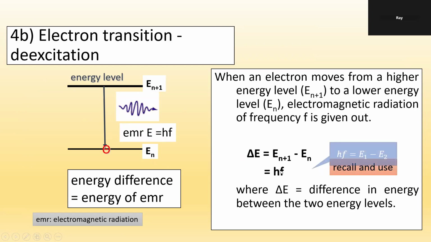E1 is the lower one, E2 is the higher one. So usually if you use E1 minus E2, you don't bother about the negative sign there. Same thing. I use higher one minus lower one to eliminate the negative sign. These are all negative numbers.